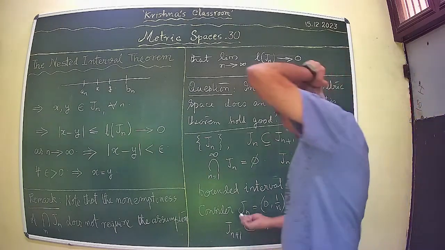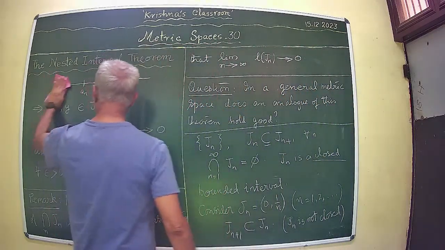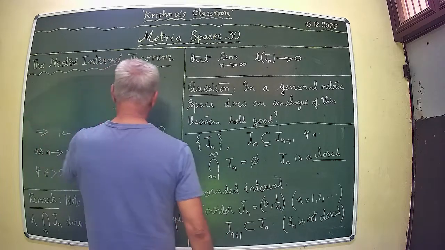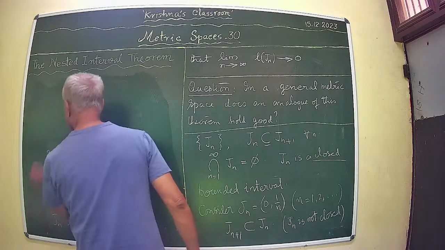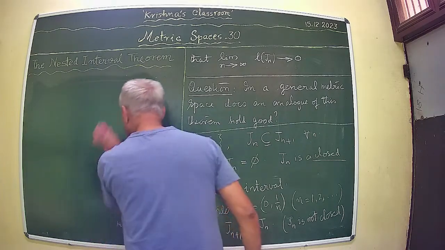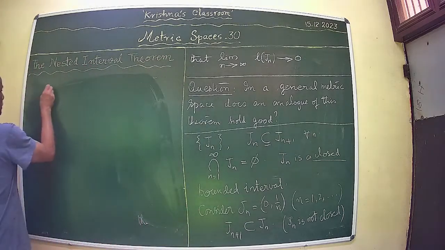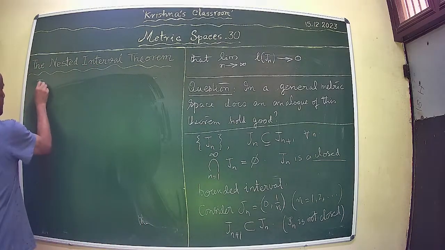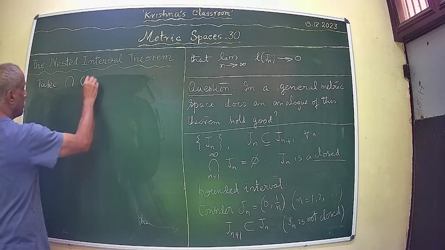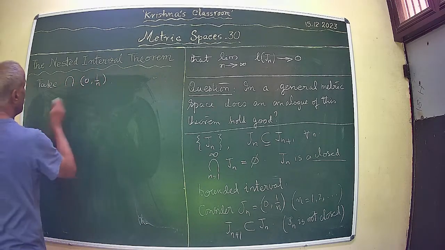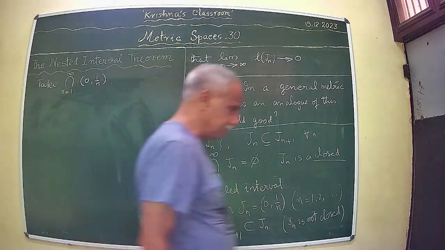Now you take the intersection of Jn, n from one to infinity.